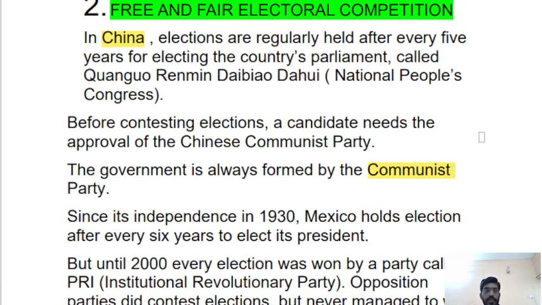In a democratic country, anyone who wants to contest in the election should fill in the nomination and will get permission from the election commission. But here the people who want to contest in the elections have to take permission from the Communist Party. It is against the democratic rule. There is no freedom for those people to participate in the elections.